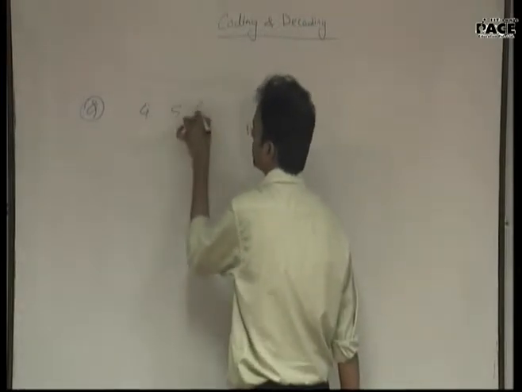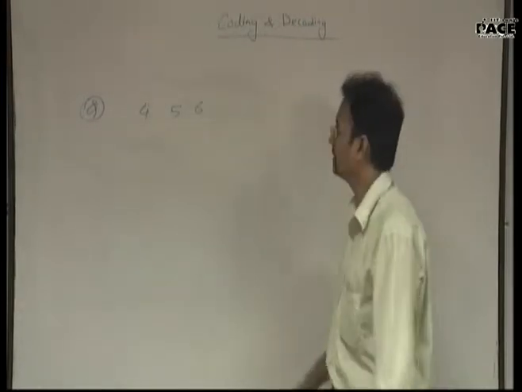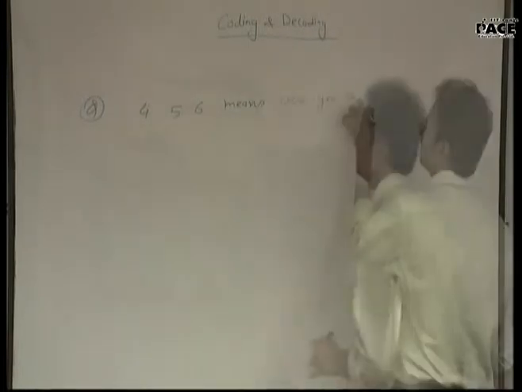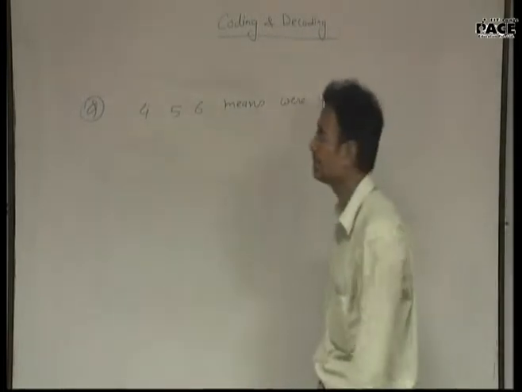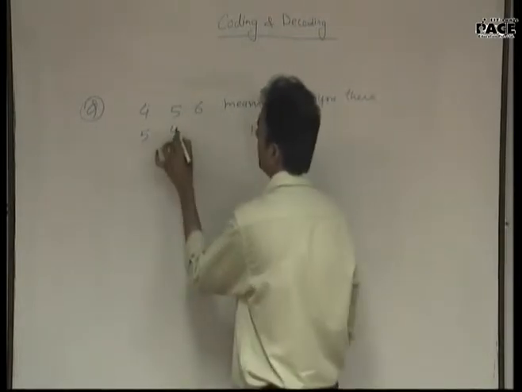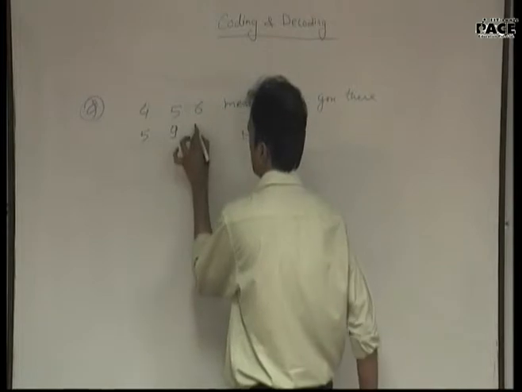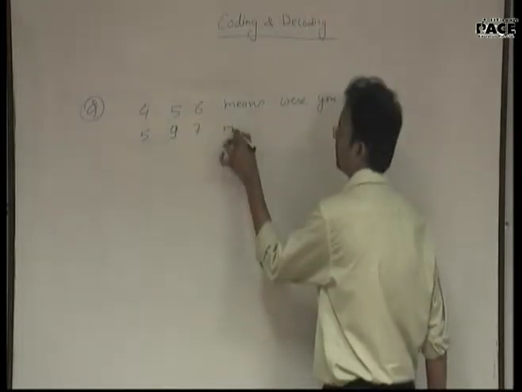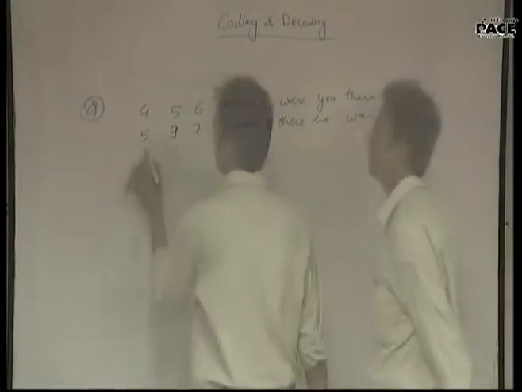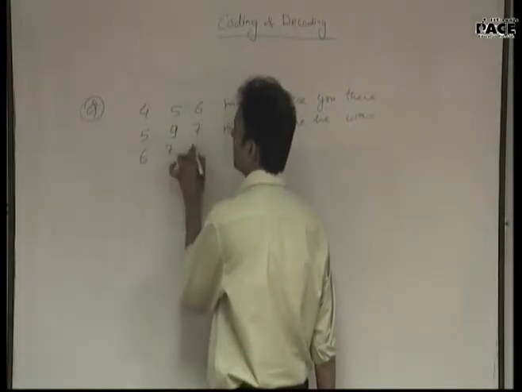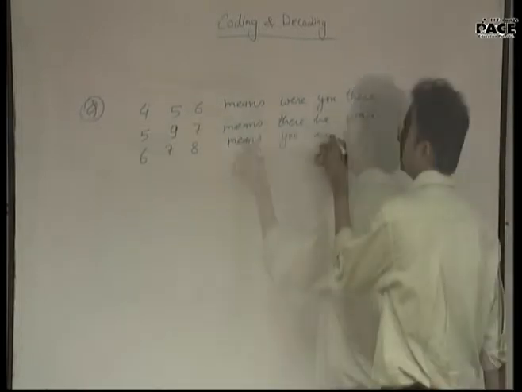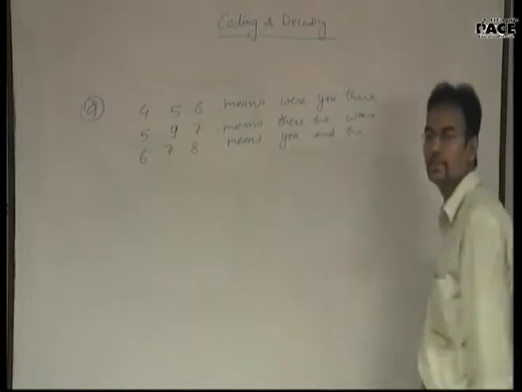Sometimes the same question comes in different forms, like in numbers: 4, 5, 6 means were you there? 5, 9, 7. There he was. 6, 7, 8. You and he.